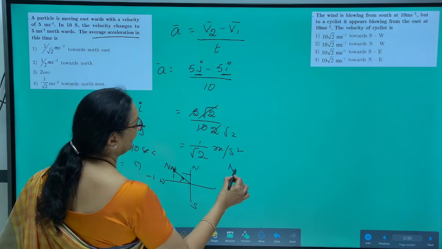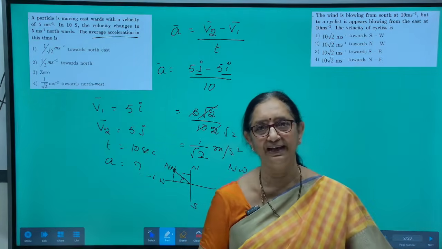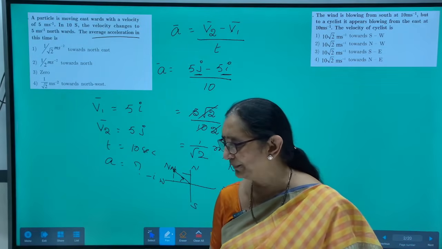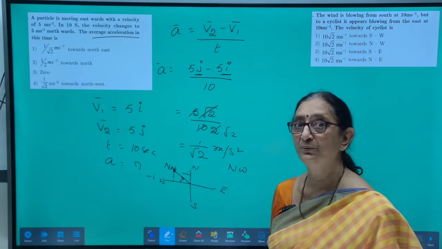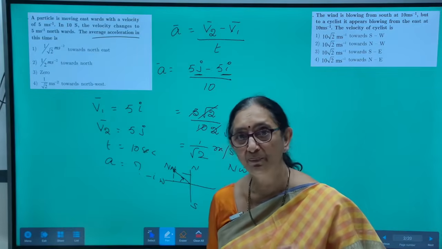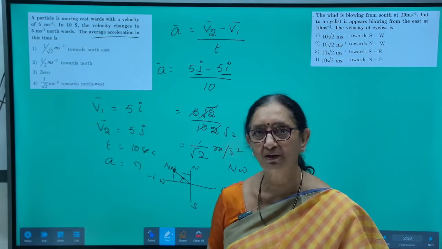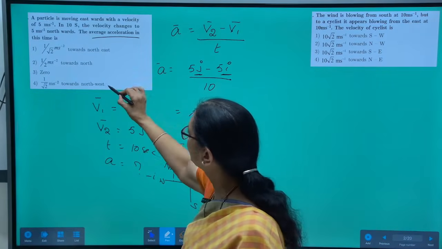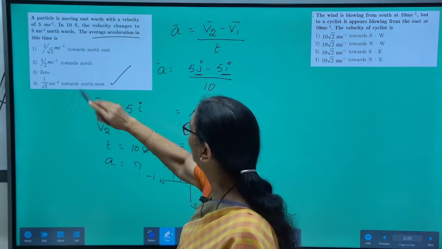We say the direction is northwest when the vector makes exactly 45 degrees with both north and west. So the answer is 1 by root 2 meter per second square northwest.